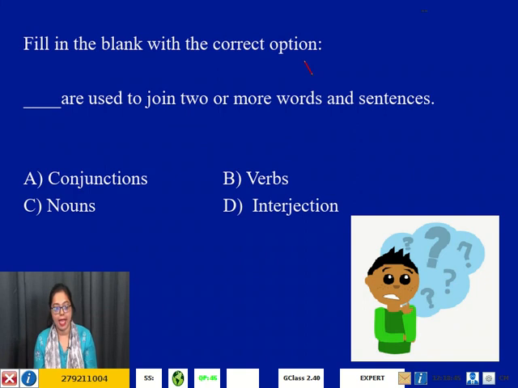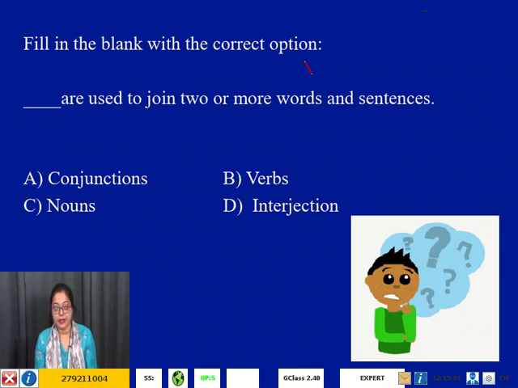Fill in the blanks with the correct option. Dash are used to join two or more words and sentences. Option A, conjunctions. Option B, verbs. Option C, nouns. Option D, interjections.